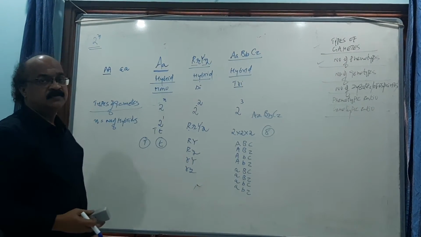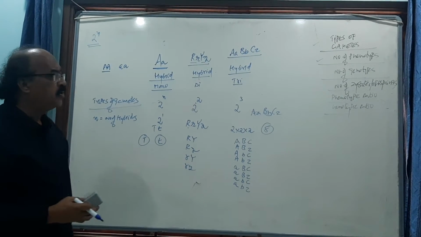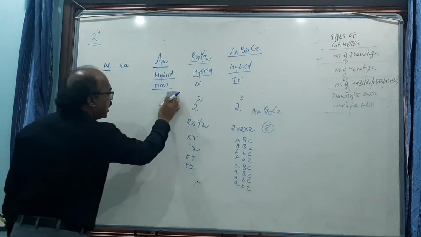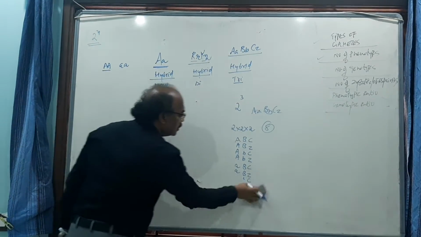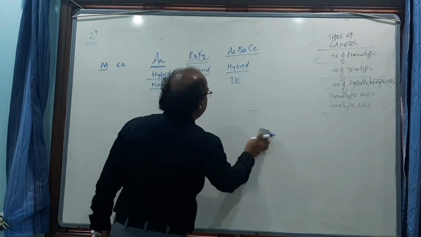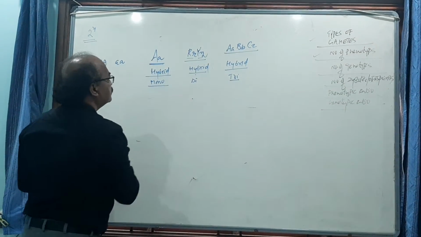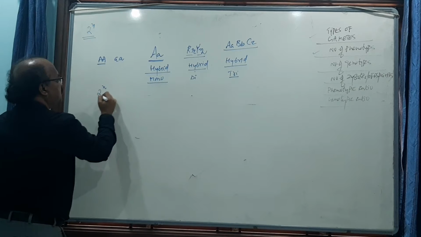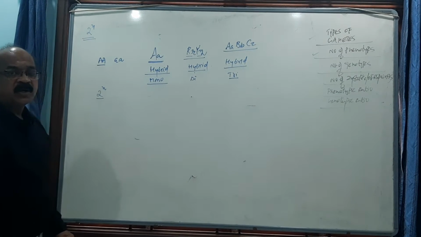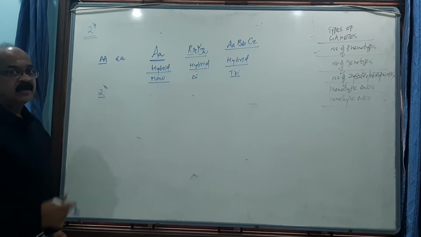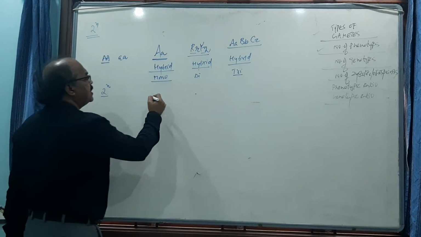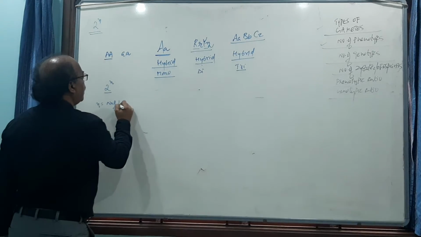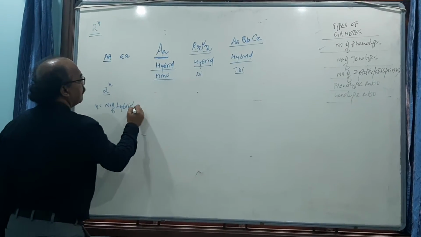Next, phenotypes. In order to calculate phenotypes, there also the formula is 2 raised to n, where n is equal to the number of hybrids.